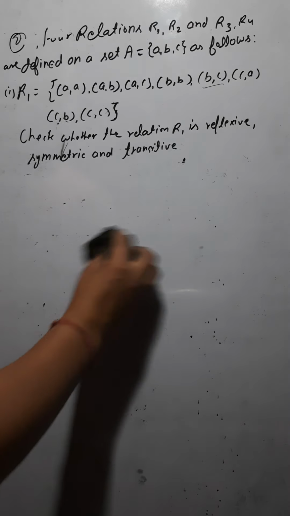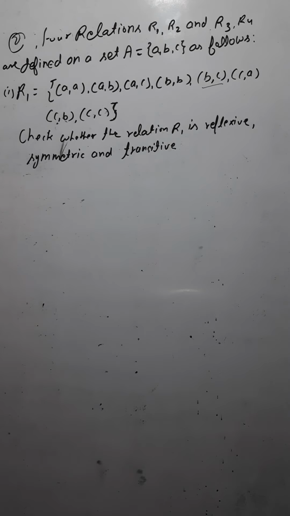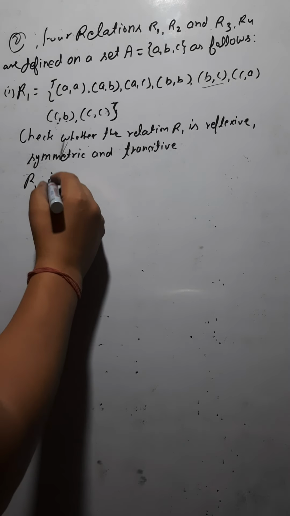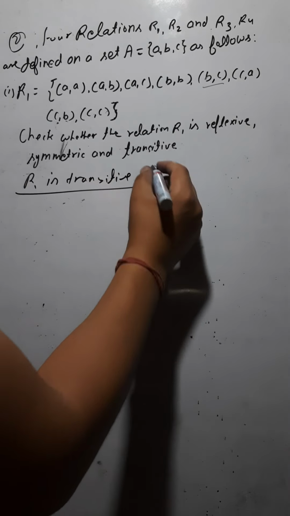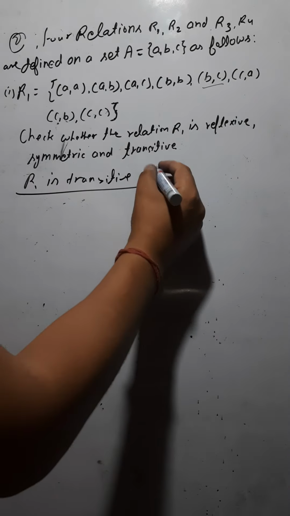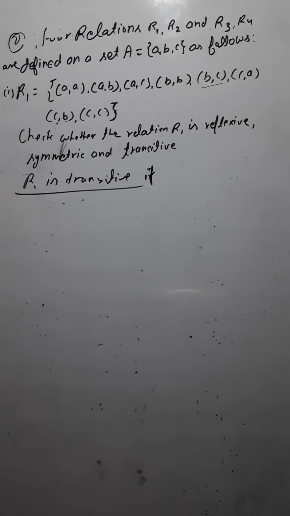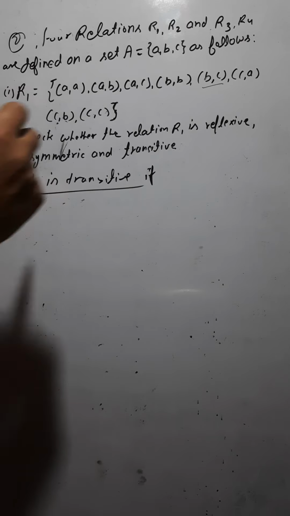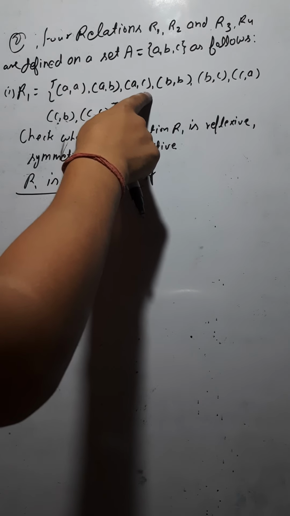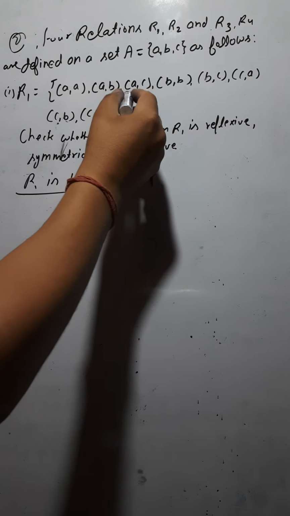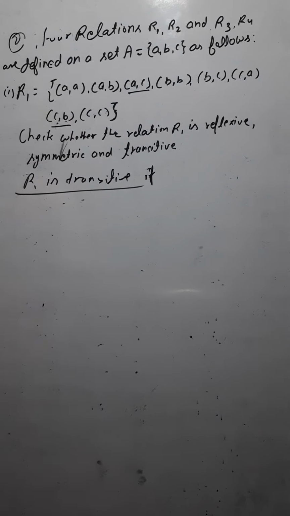So now let's find out whether the given relation is transitive or not. R1 is transitive if, here also, you take the elements at random, any ordered pairs. So let me take the ordered pairs AC and CB.